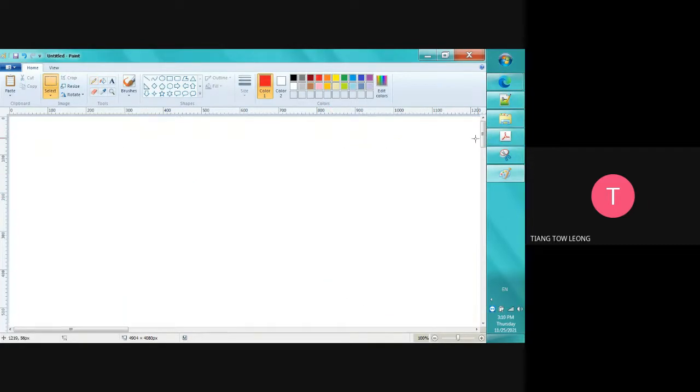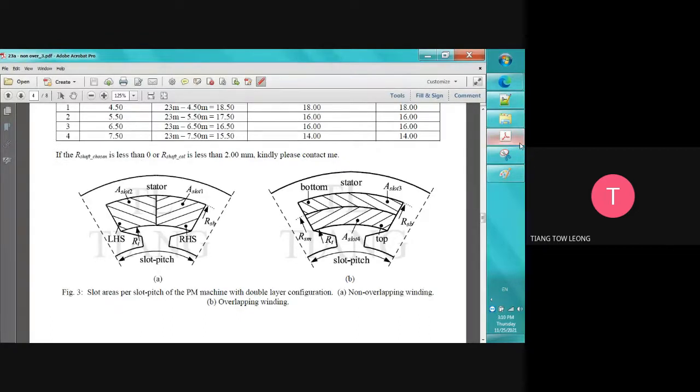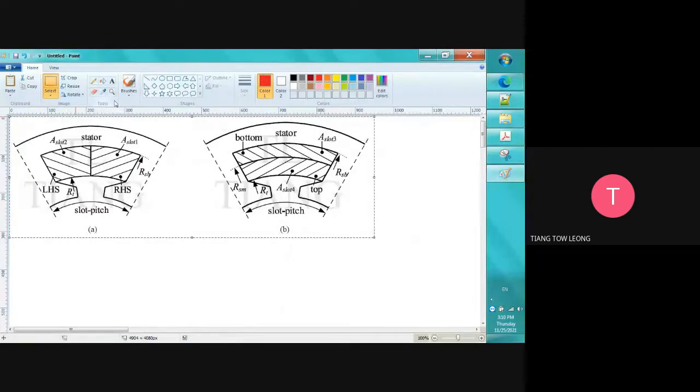So we need to know the names of the variables. This is theta, the angle per slot, which we call slot pitch, and then the radius of the tooth tip, RT, and the radius of the slot bottom, RSB. Usually we make it double layer first, layer number 1 and layer number 2.